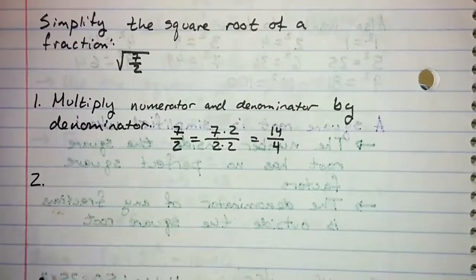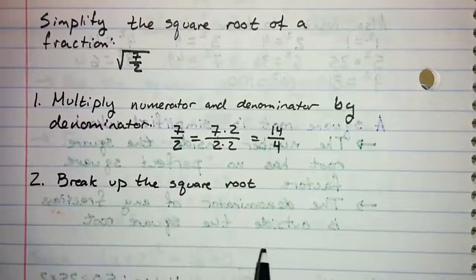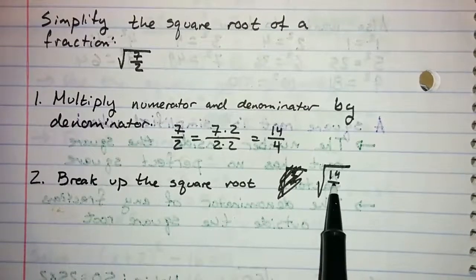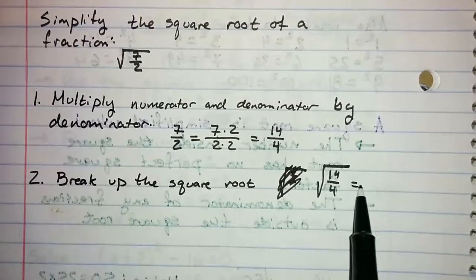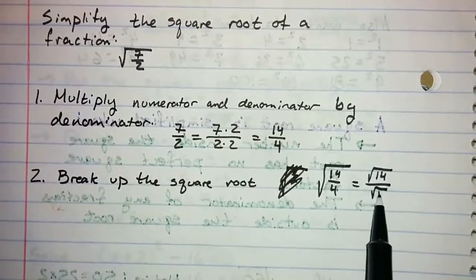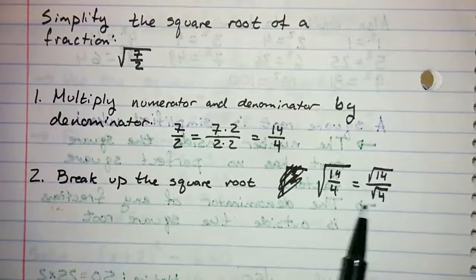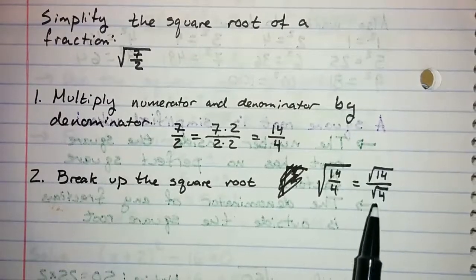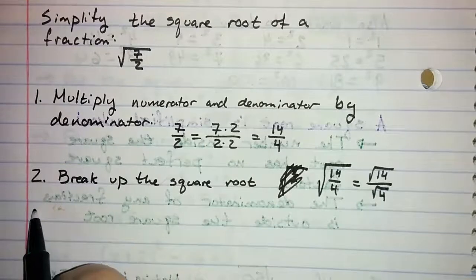Now we'll break up the square root using that property we saw where the square root of 14 fourths is the square root of 14 over the square root of 4. And notice if we did step 1 right, the number in the denominator is a perfect square.